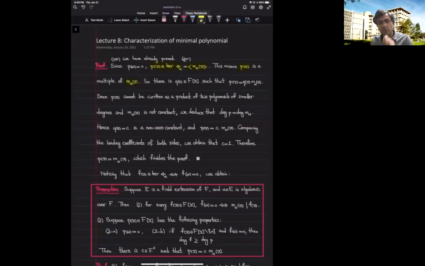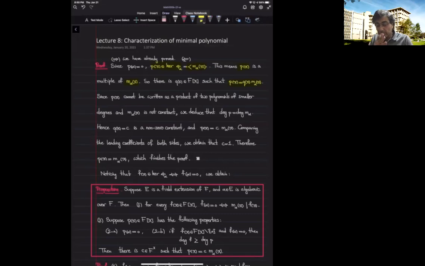When it is a non-zero multiple of this minimal polynomial, the degree of p should be at least the degree of q. In fact, what we have is that p is q of x times m_alpha of x. It's a multiple of that. But by assumption, we should not be able to write down p as a product of two polynomials in F[x], where both of them have degree strictly less than the degree of p.